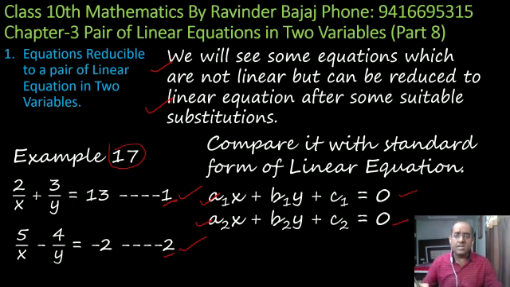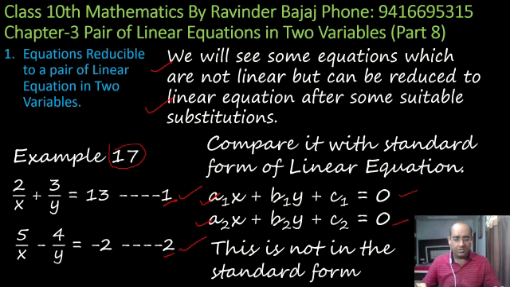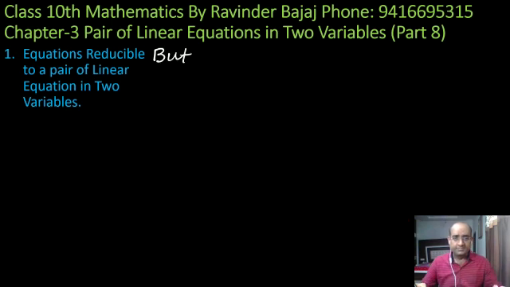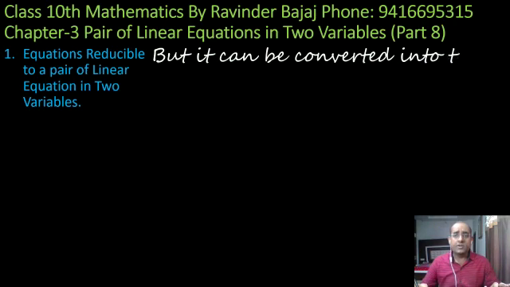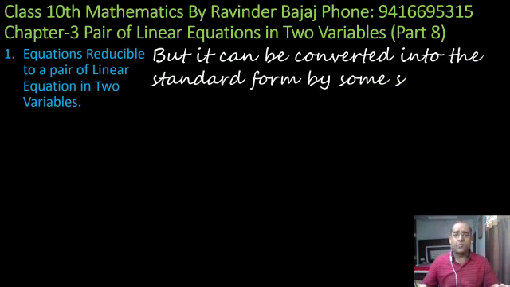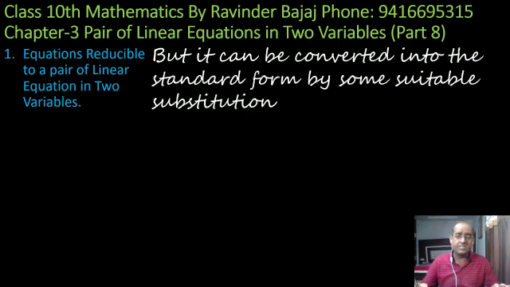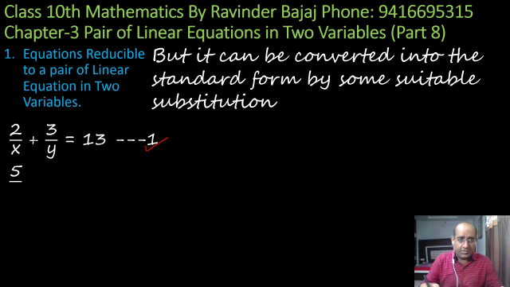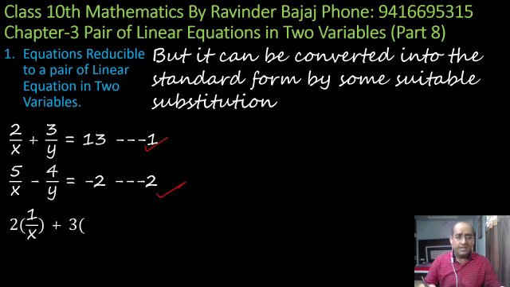Now how to make it a linear equation? This is not a linear equation, but it can be converted into the standard form of linear equation by some suitable substitution. What is that substitution? This is equation number 1, this is equation number 2, and it can be further written with 1 upon x and 1 upon y.